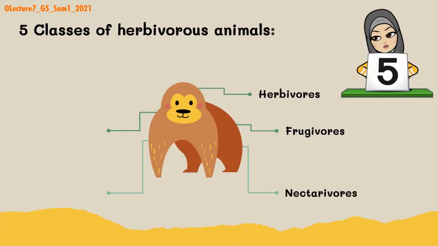Nectarivores, nectar. Granivores, grains or seeds. Sapsuckers feed on sap, which is the sweet juice made by plants. 5 classes of herbivores: herbivores, frugivores, nectarivores, granivores, and sapsuckers.